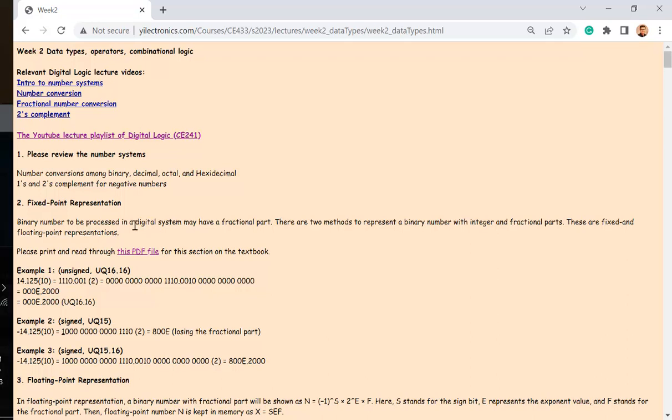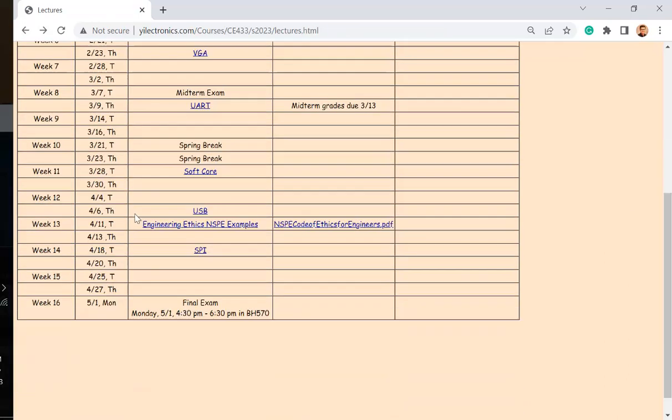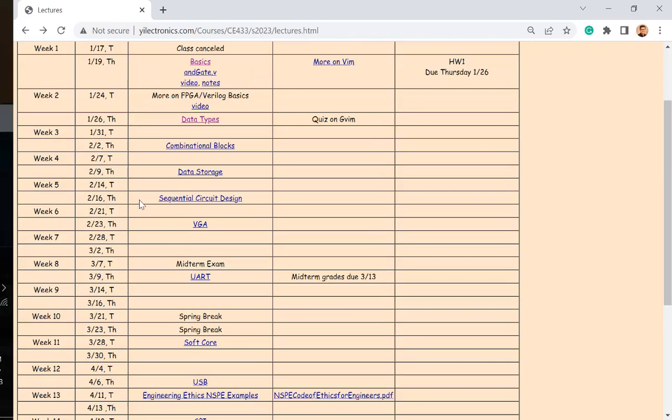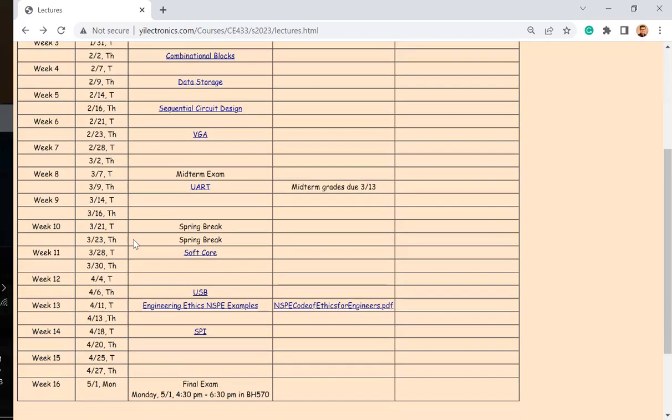So the FPGA flow, you're going to learn it starting from this class, right? After you learn all these combinational and sequential logic basics and the FPGAs, we are going to move forward with the software core here, and there will be a lab associated with it. You are actually making a microcontroller from the FPGA board you have. Is that awesome?